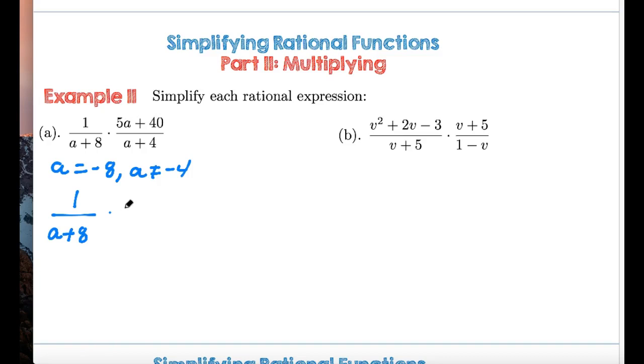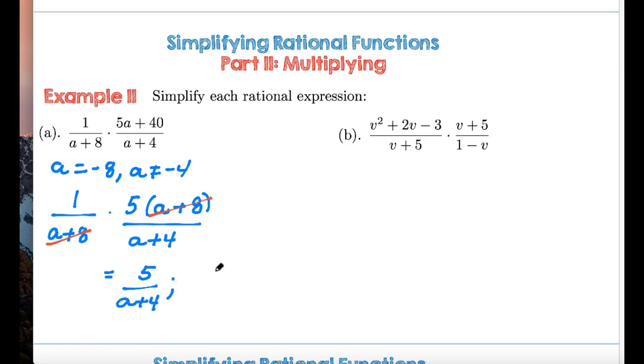Notice 5 goes into itself and 40, so factor out 5. 5 goes into 5a, and 40 divided by 5 is 8, all over a plus 4. And look what cancels out. Nothing up and down, but diagonally, because of multiplication, this and this become 1. So you're left with 5 over a plus 4.